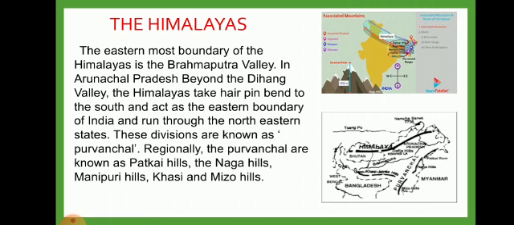In the above map, you can see very clearly the hills located. Regionally, the Purvanchal are known as Patkai Hills, the Naga Hills, Manipuri Hills, Khasi and Mizo Hills.